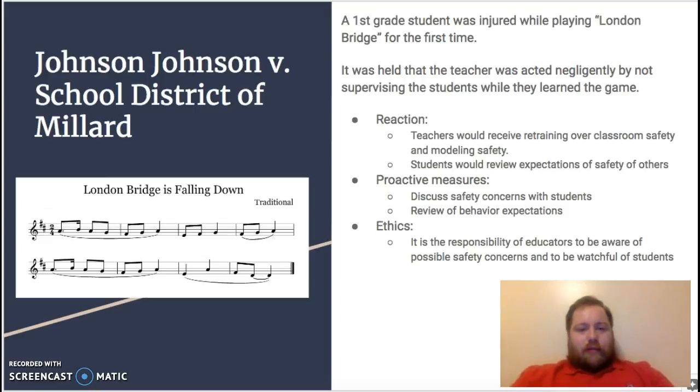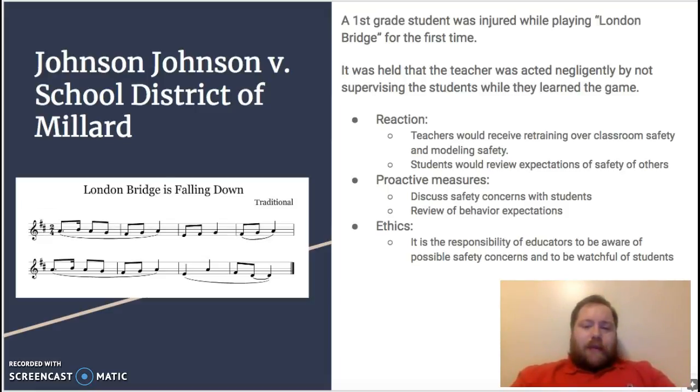While they were playing, they of course jostled them around a little too much, their hands came unclasped, and the student fell into a bookshelf and sustained a cut on his head and had to get stitches. A suit was brought against the district for negligence because the teacher was facing the board with her back to the students when this occurred.